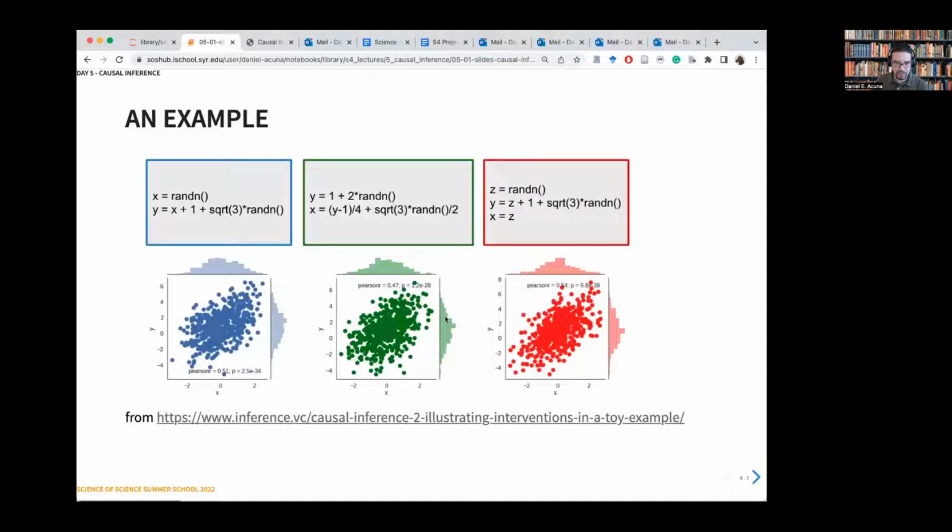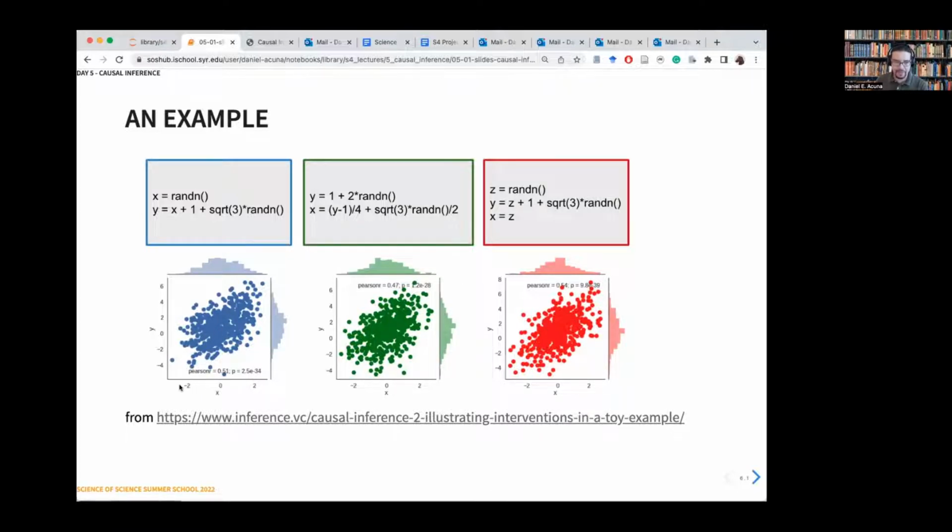Okay, so this is an example. Suppose that we have a data set of all the panels here below. If you look at the x-axis and y-axis, you might think that in all of them there is a correlation. We have the Pearson correlation coefficient here. For all of them it's about 50%, and it's highly significant, with a p-value much smaller than 1%.